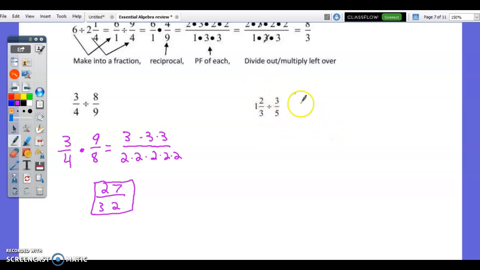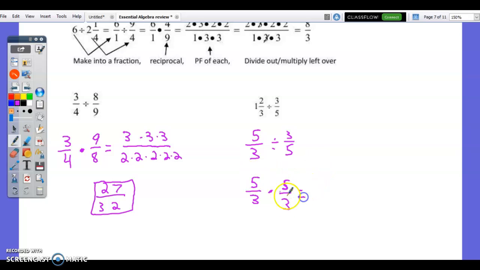So to start this problem, what I need to do is change this to an improper fraction. 3 times 1 is 3 plus 2. So we have 5/3 divided by 3/5. And then to make a multiplication problem, I then need to flip the second one. So 5/3 times, flip these, 5/3.